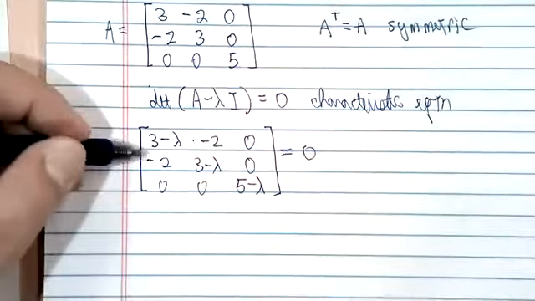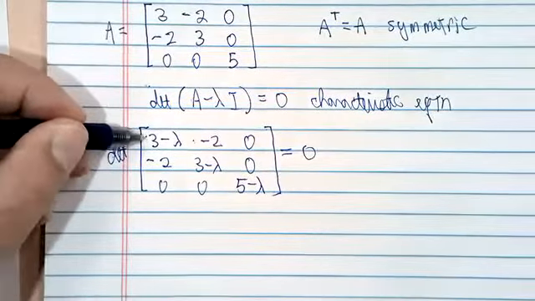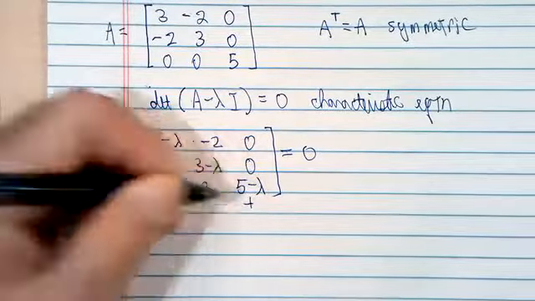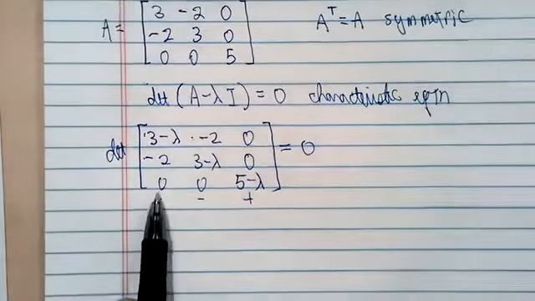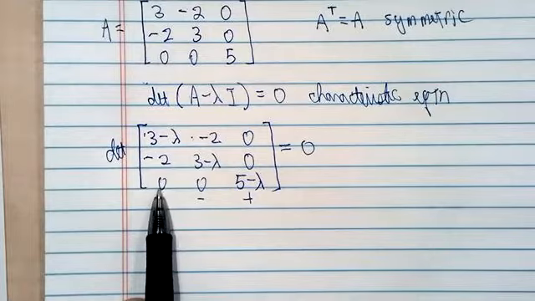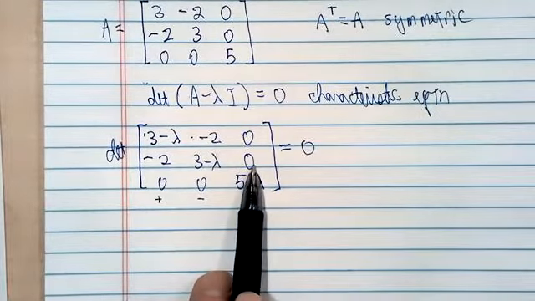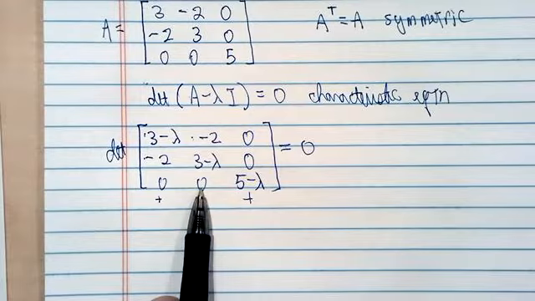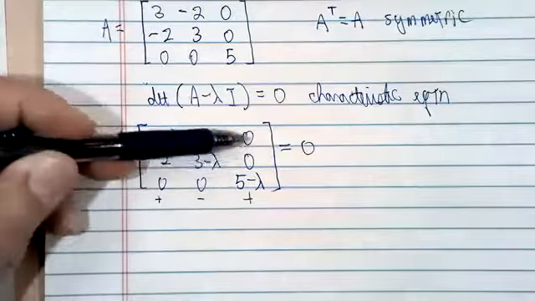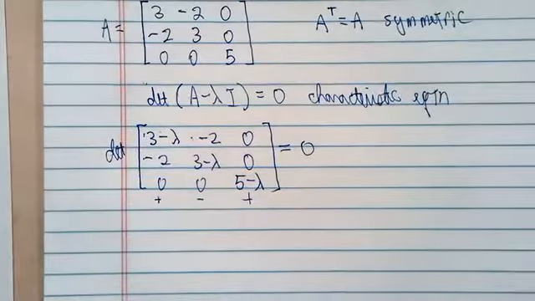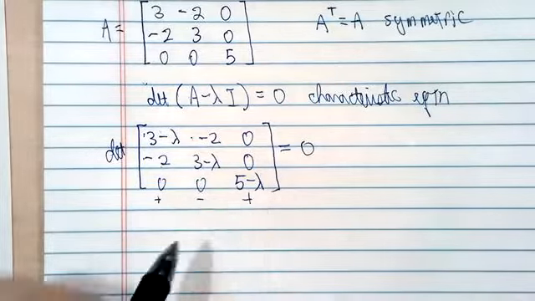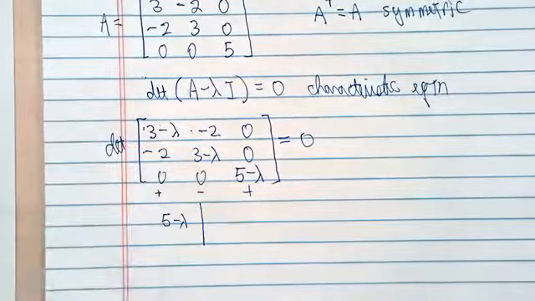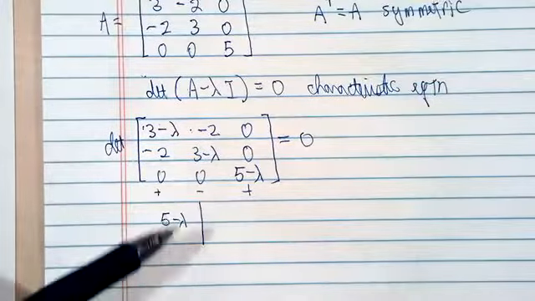So let's figure out where we're at. This is the plus position: plus, minus, plus, minus, plus. So if I do a cofactor expansion, it's 0 times the determinant of that submatrix, minus 0 times the determinant of this reduced matrix, and then plus 5 minus lambda times the determinant of this submatrix up here.